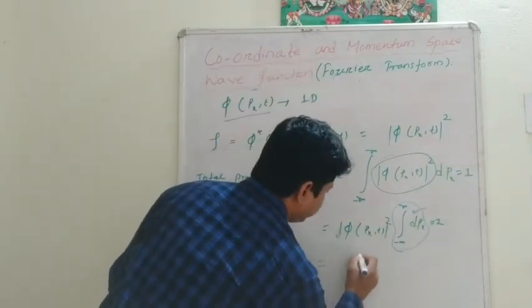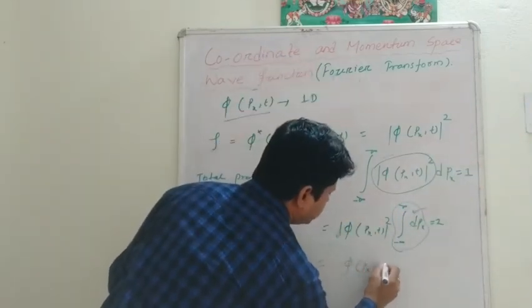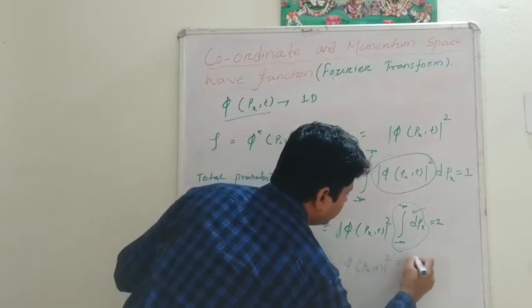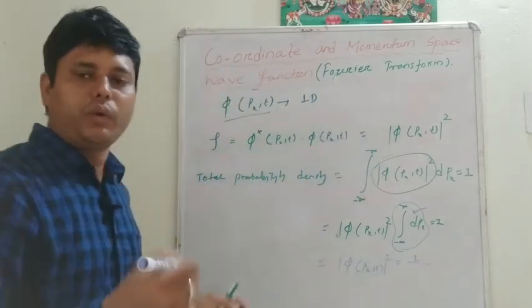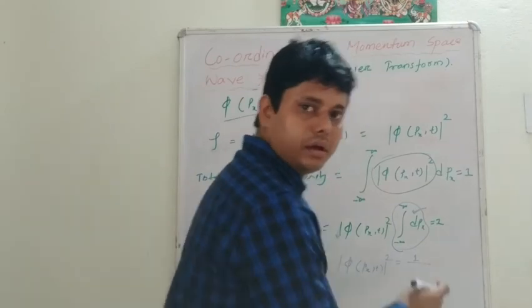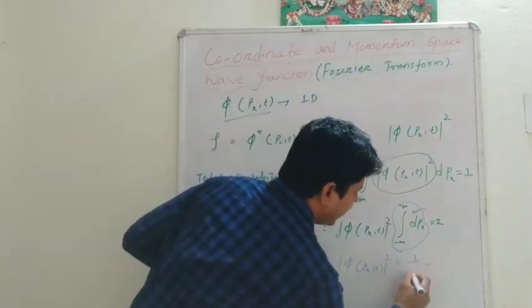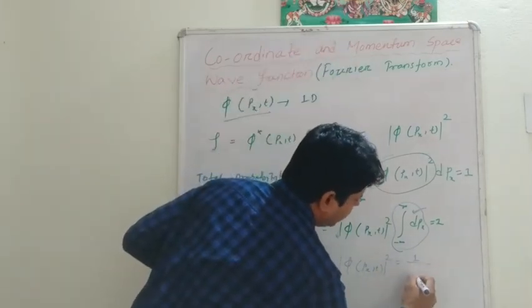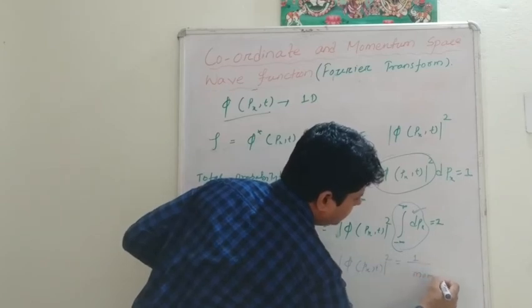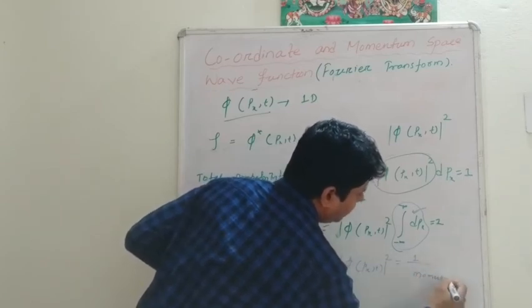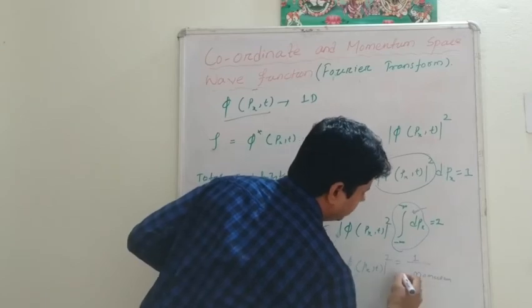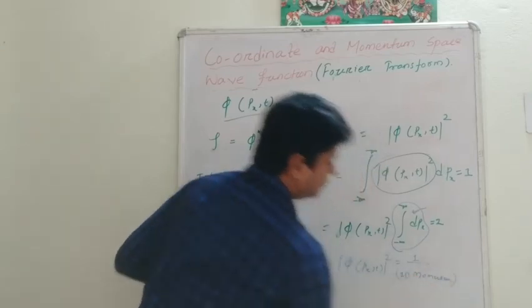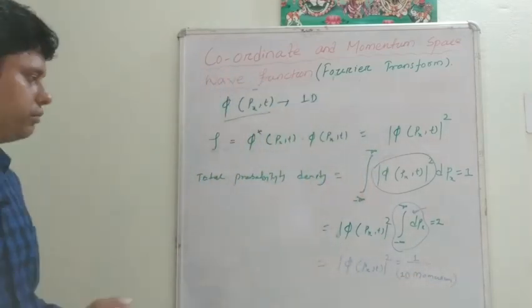So |phi(p, t)|² will be equal to 1 by the dimension of momentum. I have taken just simple momentum, one-dimensional momentum.